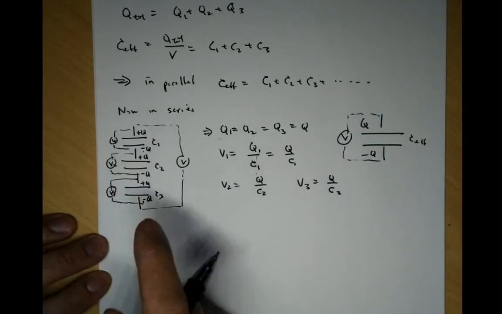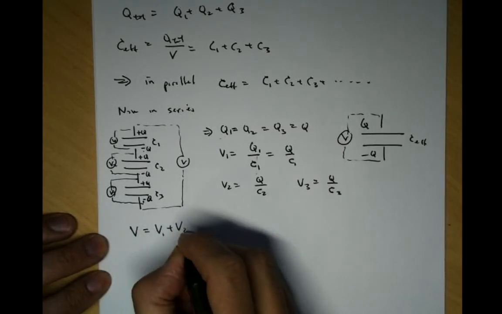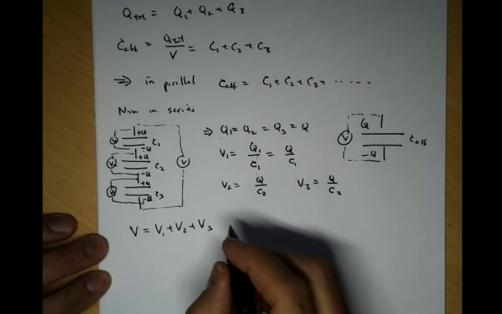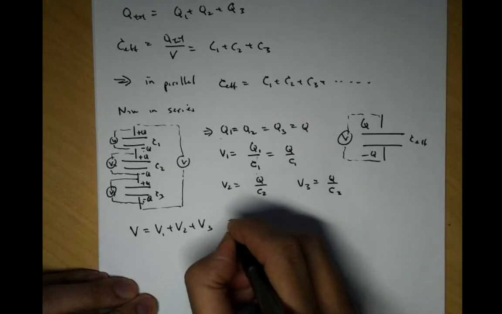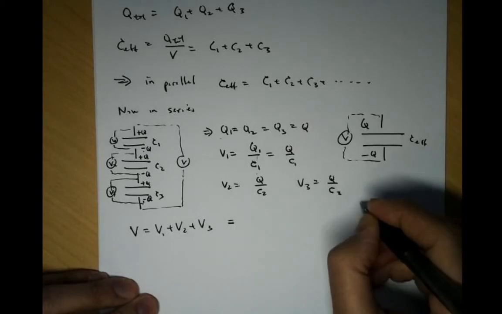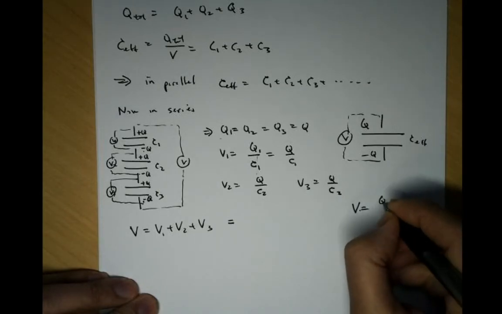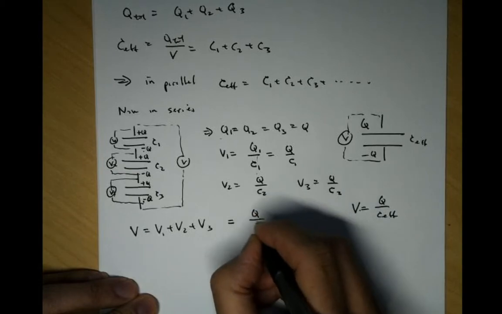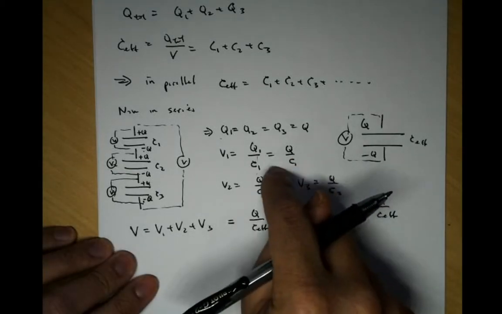So what do I know? Well, in series, V is equal to V1 plus V2 plus V3, okay? This here is going to be V is equal to Q over C effective, all right? So this is also going to be Q over C effective. And I know what these things are. That's just basically these Q here.